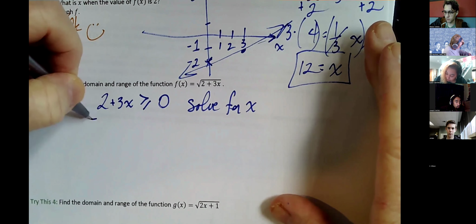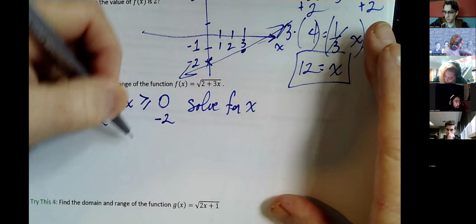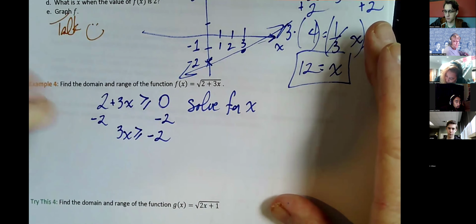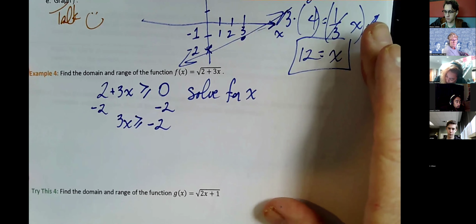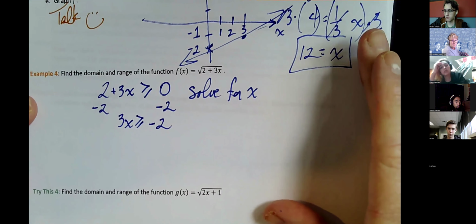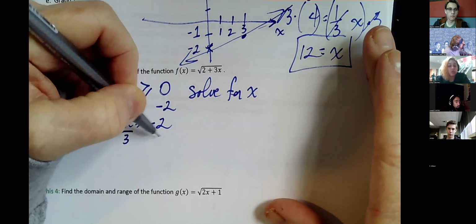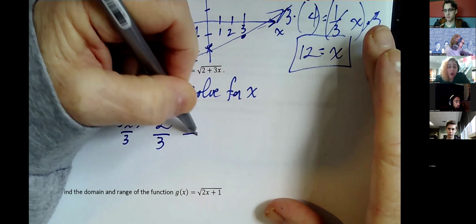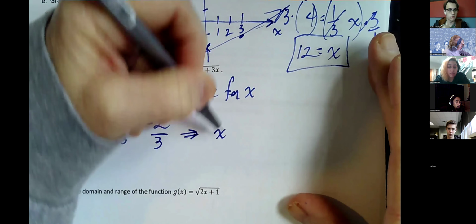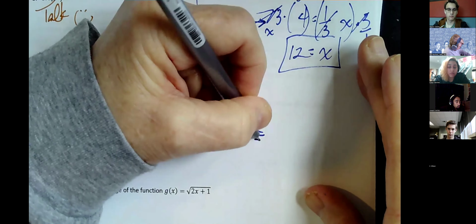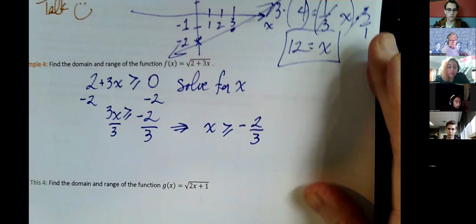That would subtract 2. Very good. That gives us 3x is greater than or equal to -2. And then divide by 3. So now we've got that x is greater than or equal to -2/3.